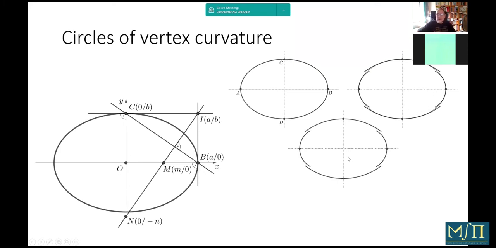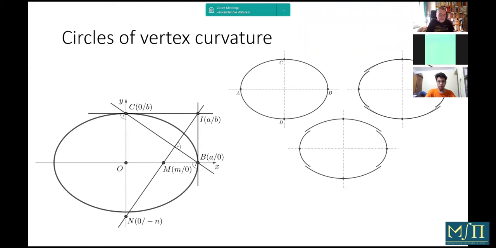Now, in this drawing at the bottom, I've left the 4 arcs and eliminated the ellipse itself. So we only have the 4 arcs here. And if you look at this bottom drawing, you can see that even though there is no ellipse in this picture at all, it still looks like an ellipse almost. It's easy to say that the ellipse is approximated very, very well by these 4 circular arcs.